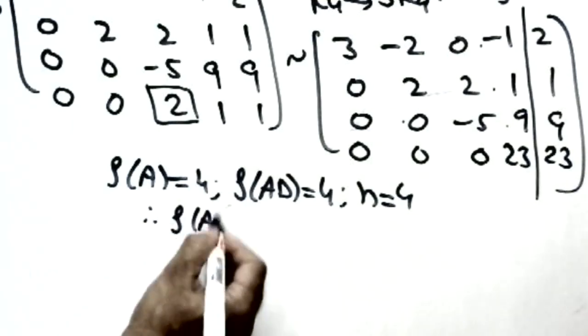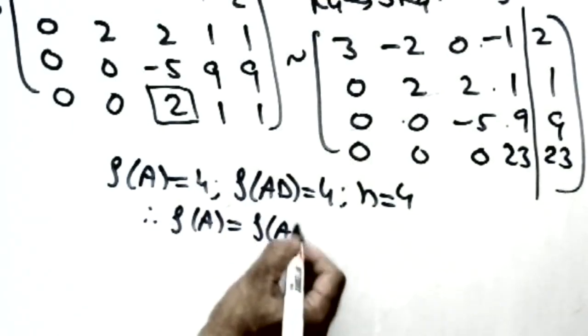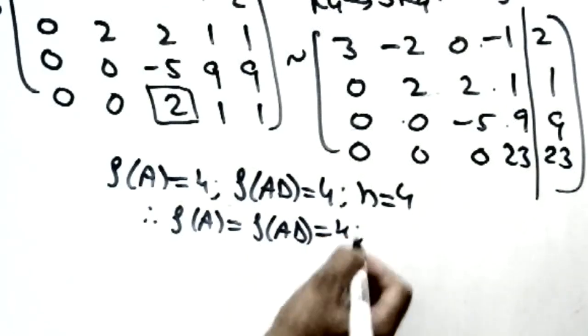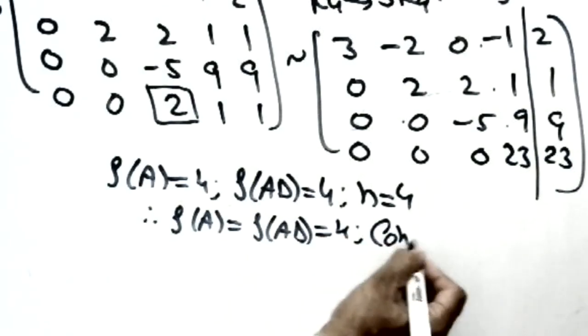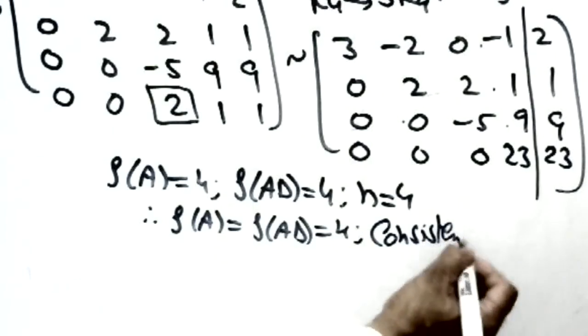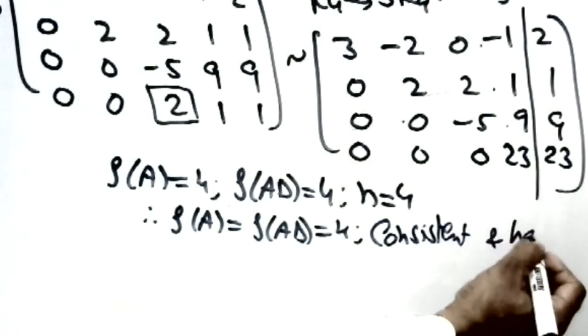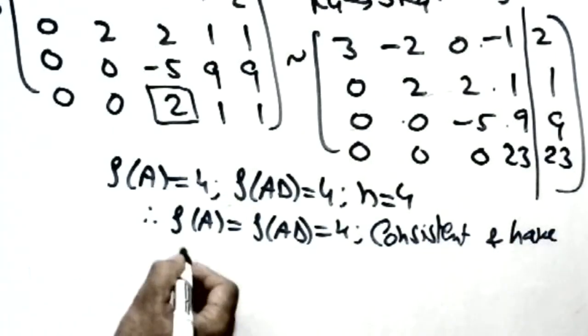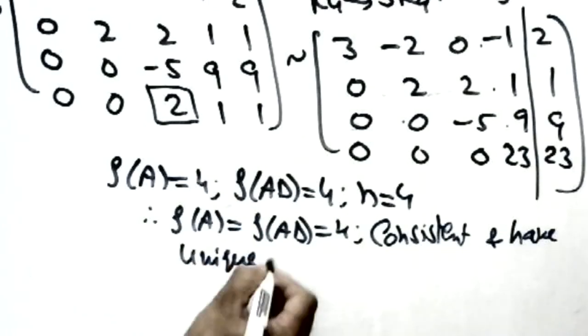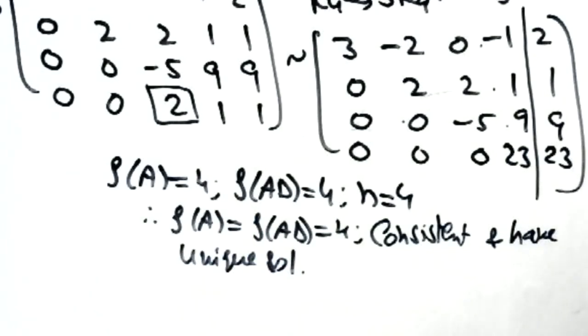So this is the first condition. Therefore rank of A equals rank of AD equals 4. The system of equations is consistent and has a unique solution.